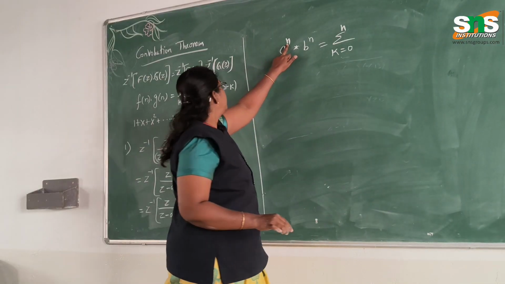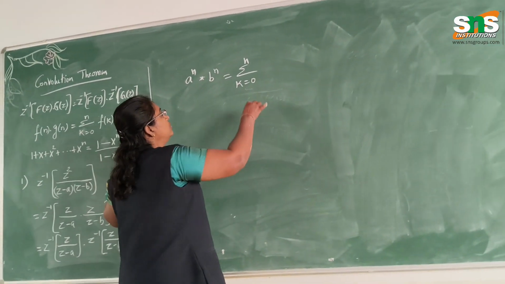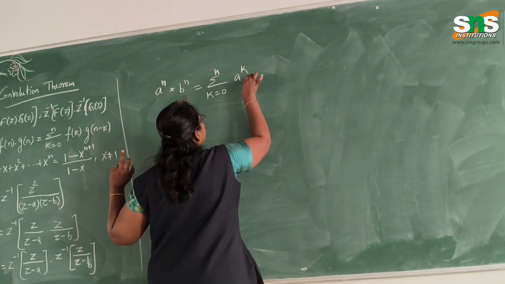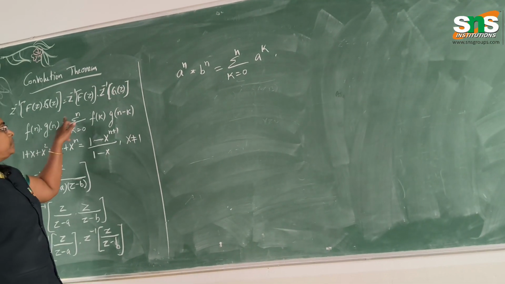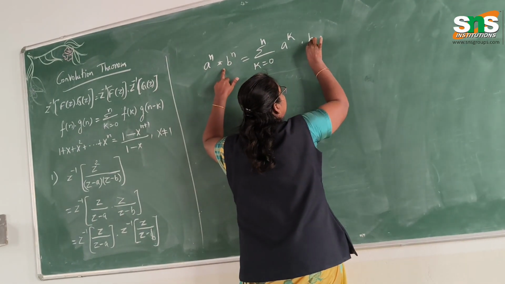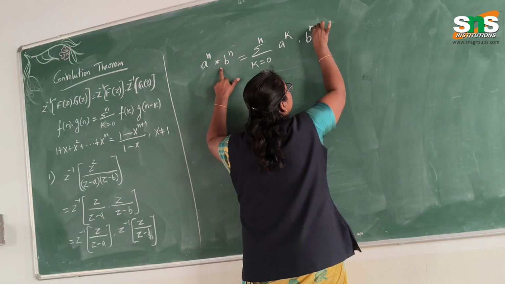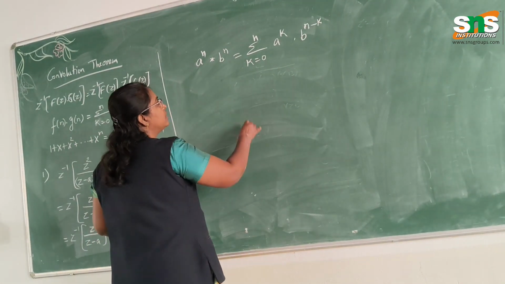The first function, a power n, instead of n is replaced by k, so a power k, into the second function, where instead of n it is replaced by n minus k. So the second function b power n becomes b power n minus k. This is the replacement.